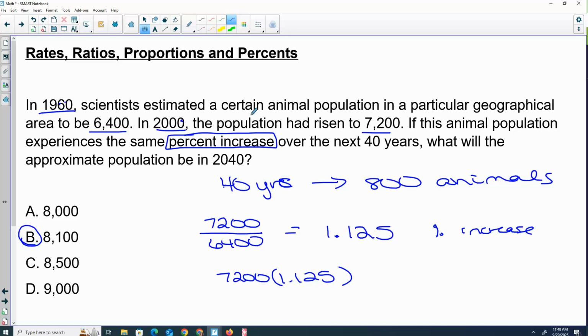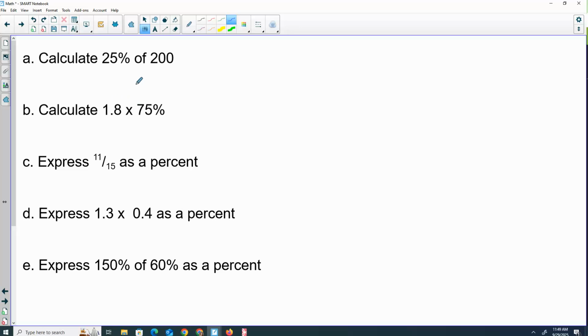So we know that every 40 years we have a 1.125 increase. So we just apply that to our current number of animals. Would it be 1.125 per year? I guess so.